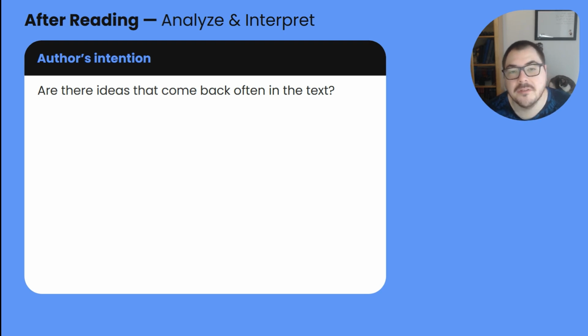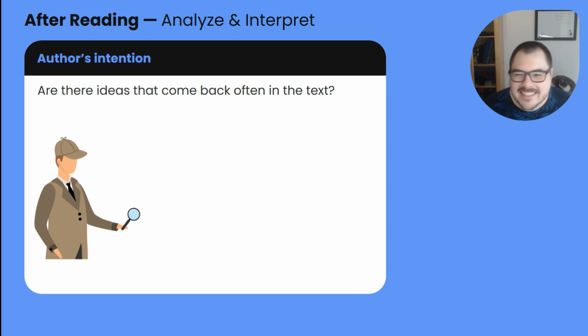The final step to finding the author's intention is to find the themes, which we can do by asking, again, a couple of simple questions. Are there any ideas that come back often in the text?